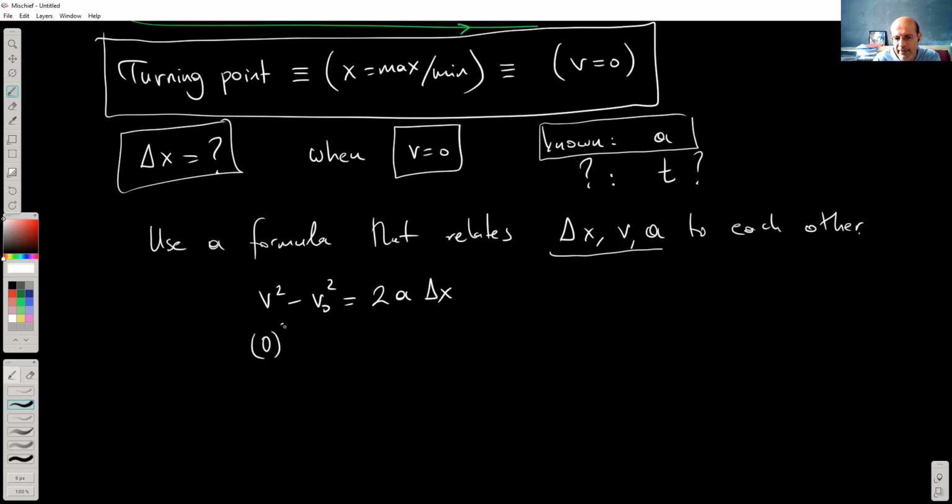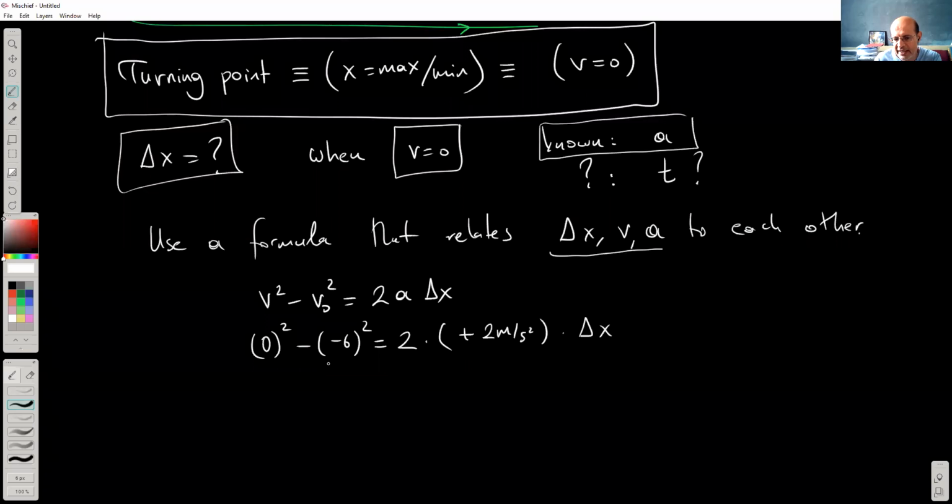So final velocity is 0, initial velocity is -6, and just keep in mind that I don't write down the units in here when I'm in the middle of the computation, because that's going to take too much time. So acceleration is positive, it's 2 meters per second squared. And then I need to multiply this with delta x, okay?